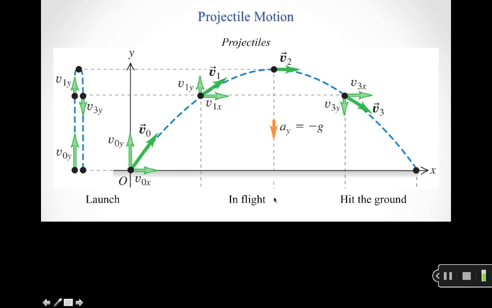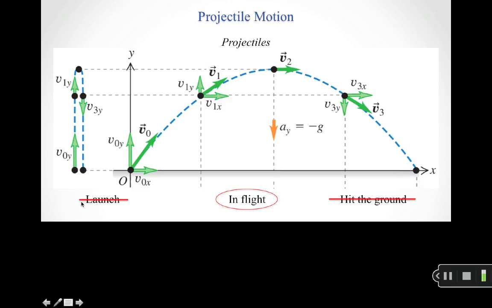There's going to be what's going on in flight, and then what's going on when it stops, right? So often if it hits the ground, let's say, or you throw it onto the top of a building or something like that. The important thing to remember is that for our projectile motion problems, the equations that we're going to use are only valid when our object is in flight.